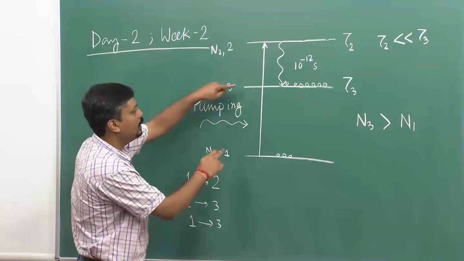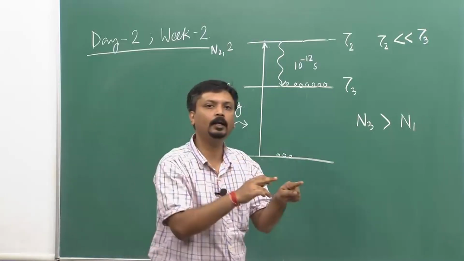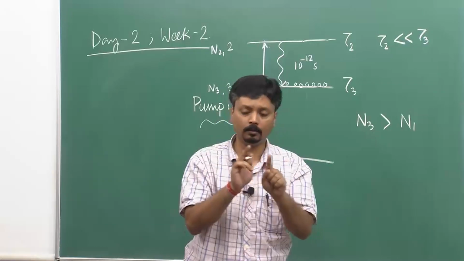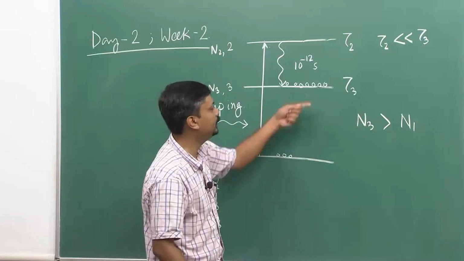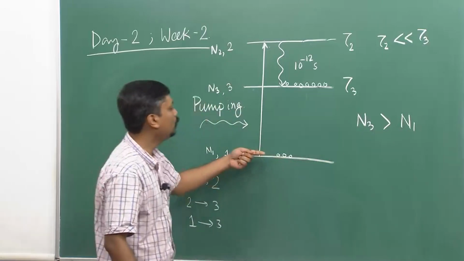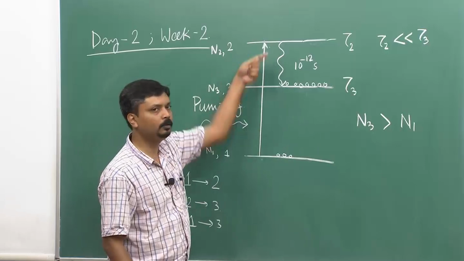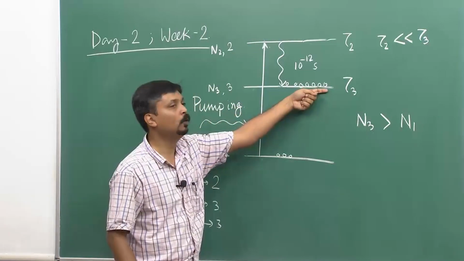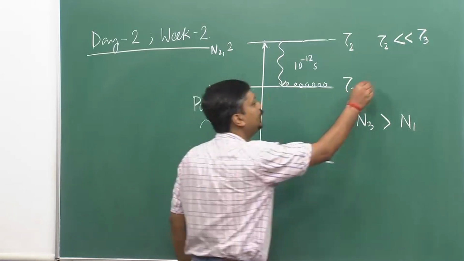And now this N3 and N1 is pretty much like what we had in our previous class as N2 and N1. There I needed to have the condition that N2 is greater than N1. Here also I have the same system where N3 is greater than N1. All right. So although we are not having a population inversion between the initial two states, that is 1 and 2, we have a third state which has a larger lifetime, and we call this a metastable state, as we have mentioned.